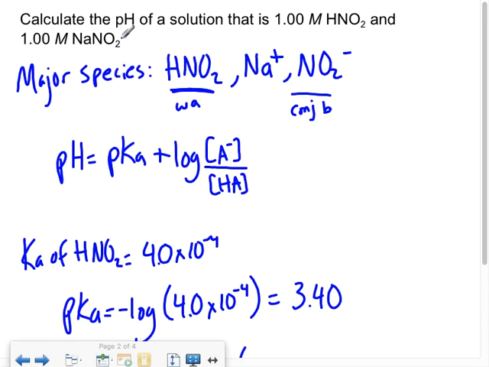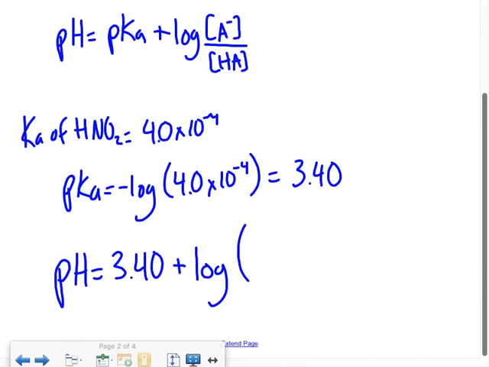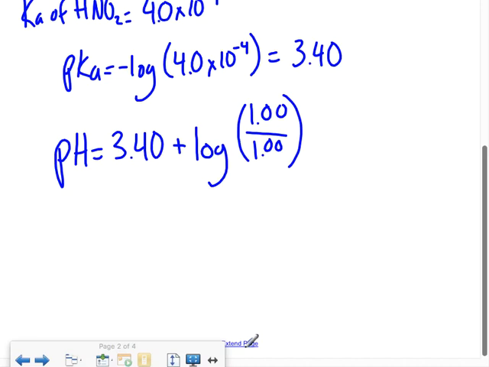So that nitrite ion molarity is 1, and our acid molarity is also 1. So base was 1 molar, acid is 1 molar. 1 over 1 is 1, the log of 1 is 0, so in this case the pH is just equal to 3.4.